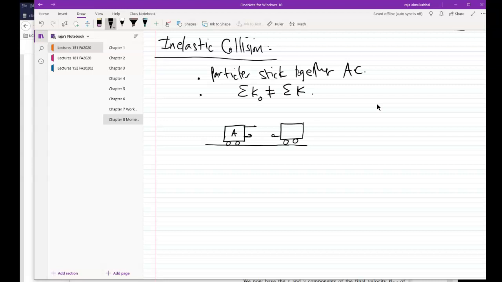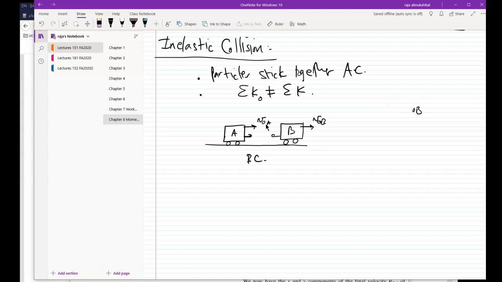Let's say this one is initially moving at this speed, V naught A. This one is also moving, we'll call it B here, V naught B, like that. They're both moving in the same direction, except that, let's suppose that V naught A is larger than V naught B, otherwise it's not going to catch up with it. So we're supposing that V naught A is greater than V naught B because we want it to collide with it.